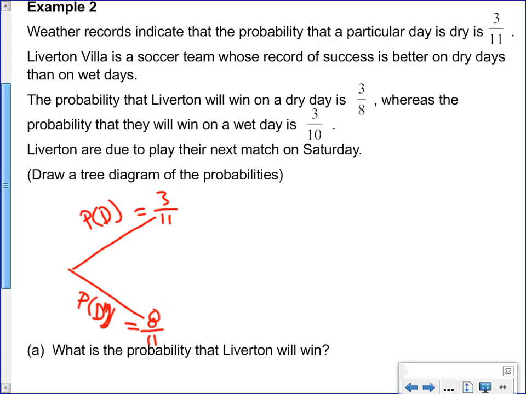Then, depending on the weather, they either win or they don't win. We're given that the probability that they'll win on a dry day is 3 out of 8. So the probability that they'll win, given that it's dry, is 3 out of 8. Therefore, the probability that they won't win, given that it's dry, is 5 out of 8.